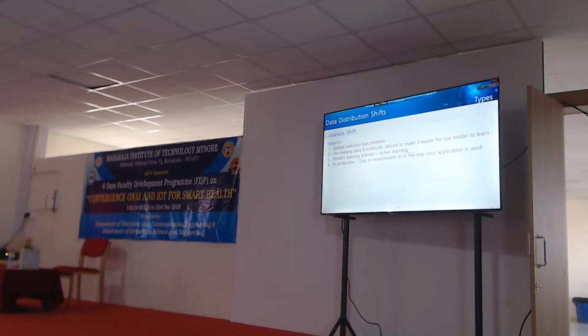The model learning process, like active learning, how it is learning, is also very important. A problem is active learning, and a solution is also active learning. What does active learning mean? Nowadays we speak about active learning even in schools, like continuous learning and continuous assessment. The same thing happens in a model: it continuously tries to learn and it is assessed. But when there is continuous learning, there is sometimes a problem.